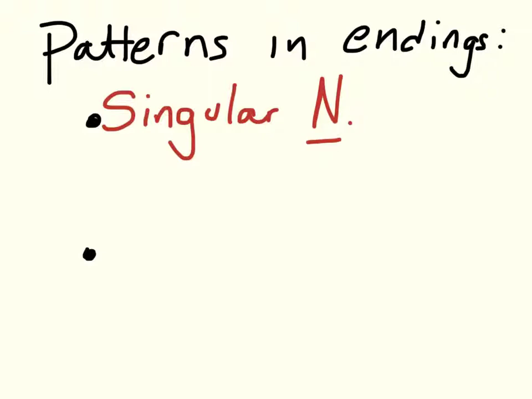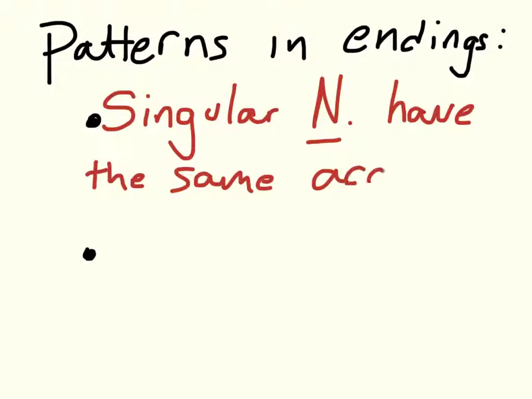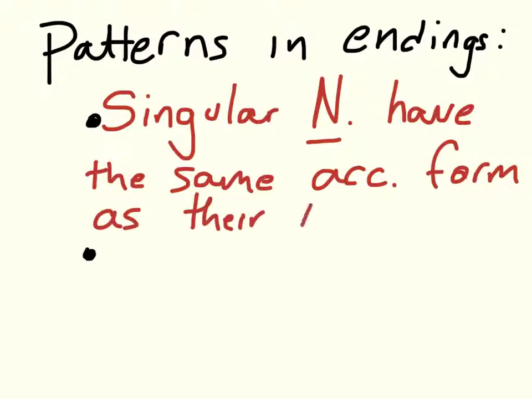So singular neuter nouns have the same accusative form, so the same direct object form, as their nominative form, or as their subject form. And yes, in case you're worrying if that's going to get confusing, it will get confusing.